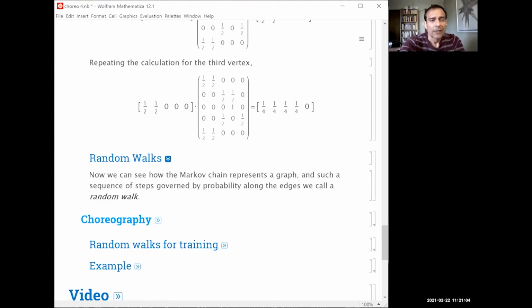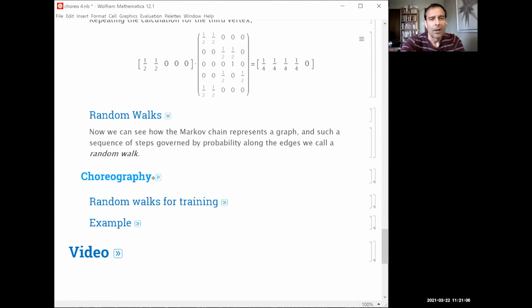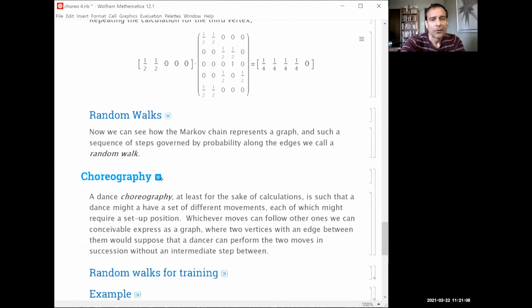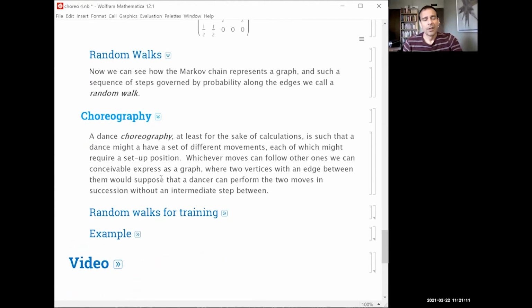Okay, so let's talk about choreography. For the sake of what we're doing, I think of choreography as a set of different dance movements. What's significant about a given set of movements is that in some cases, these moves can follow each other, and in other cases they cannot, because one requires a setup where another one doesn't quite end up in that same place.